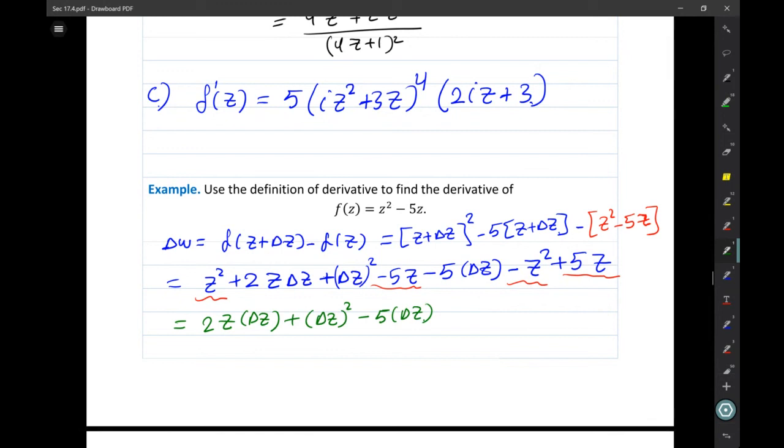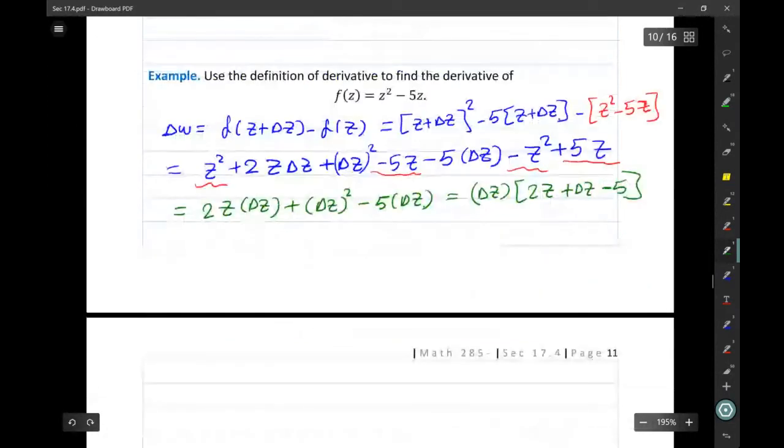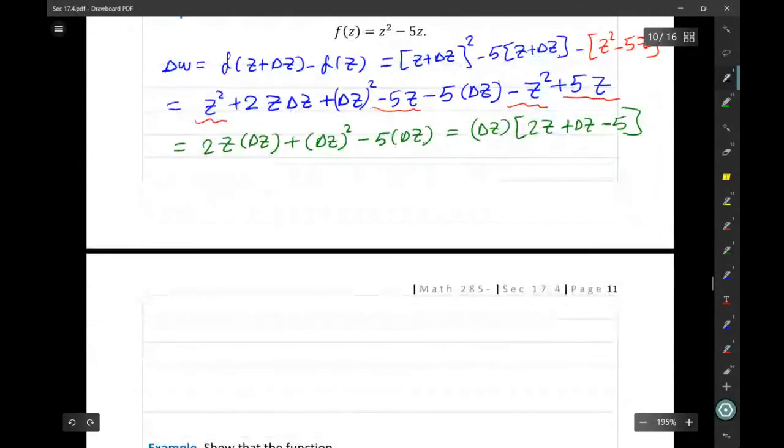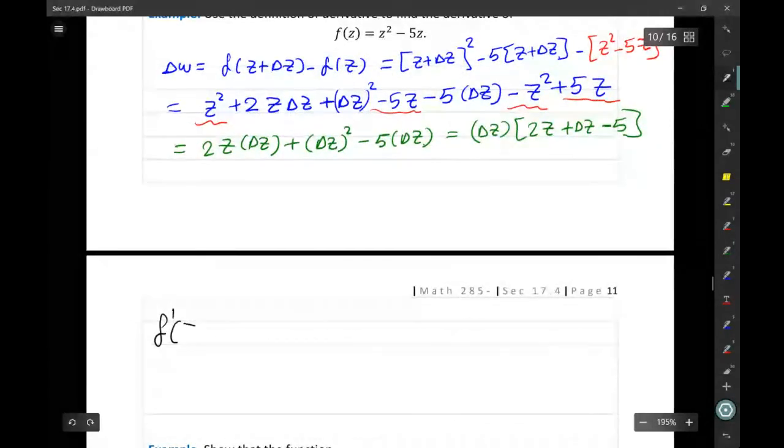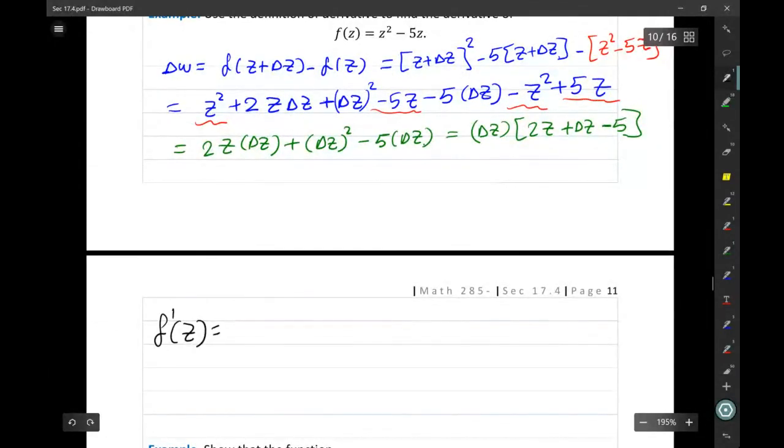You can take delta z as a common factor, so it becomes delta z times (2z plus delta z minus 5). And if we use the definition of the limit, f prime of z equals the limit of delta w over delta z where delta z goes to 0.